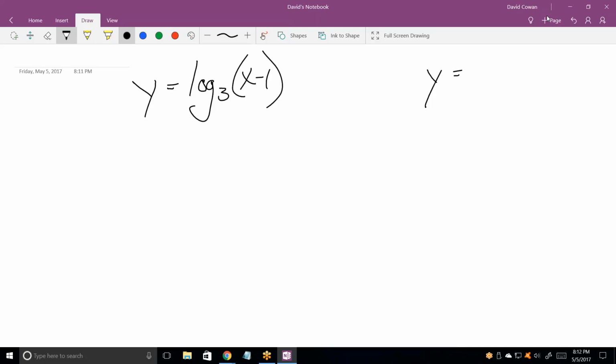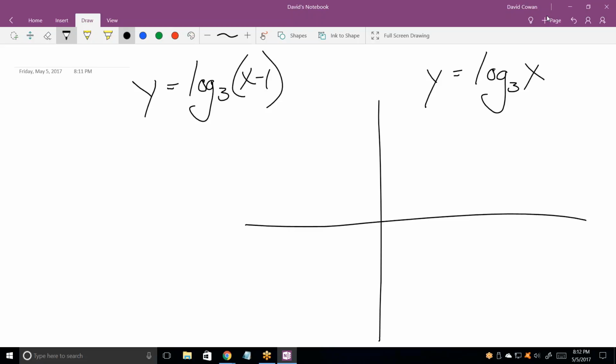Y equals log 3 of x. Got to be 2 variables in there. All right. Y and x. Now, if I graph the parent function, it looks like that.